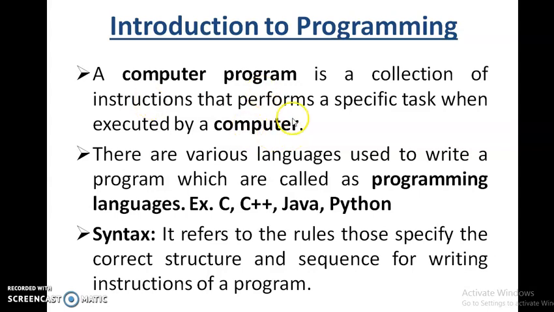Hence, a computer program is basically a collection of instructions to perform a specific task that is executed by a computer. Now, there are various languages in which we write the computer program, and those languages are called programming languages. Examples of programming languages are C, C++, Java, and what we are going to learn is Python.